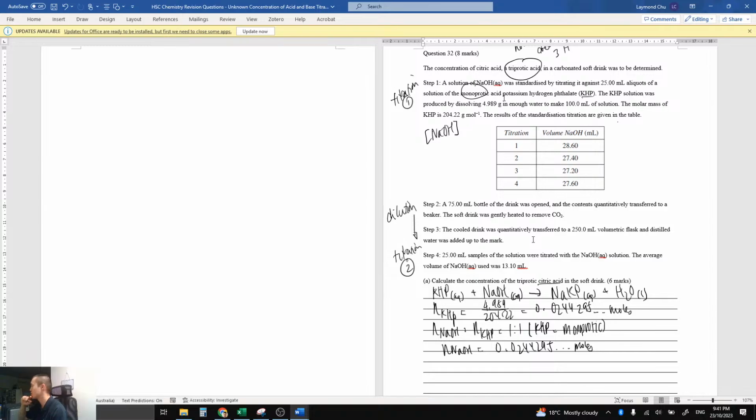So the concentration is, 25 mLs. Let me just see if there's anything I need to work out here. Yes. If I do 100 mLs in that, 25 mLs. Okay, so I can't actually jump to there yet because I'm not using the whole solution for titration.